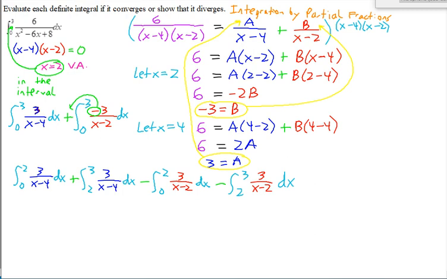So now we can integrate those. Notice each of these fits the natural log. You can pull out the constant and you can use the u substitution shortcut on all these. So we get 3 natural log absolute value of x minus 4, evaluated from 0 to 2. You can leave the 3 on the outside. Plus 3, same thing, natural log absolute value of x minus 4 from 2 to 3.